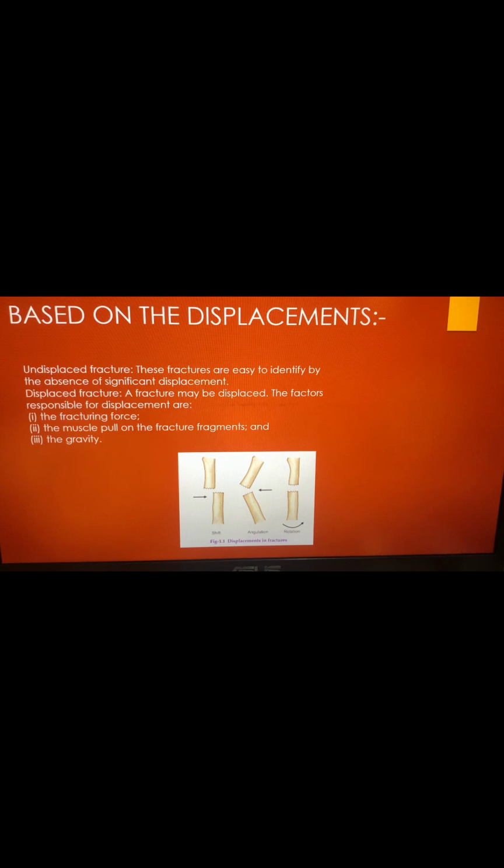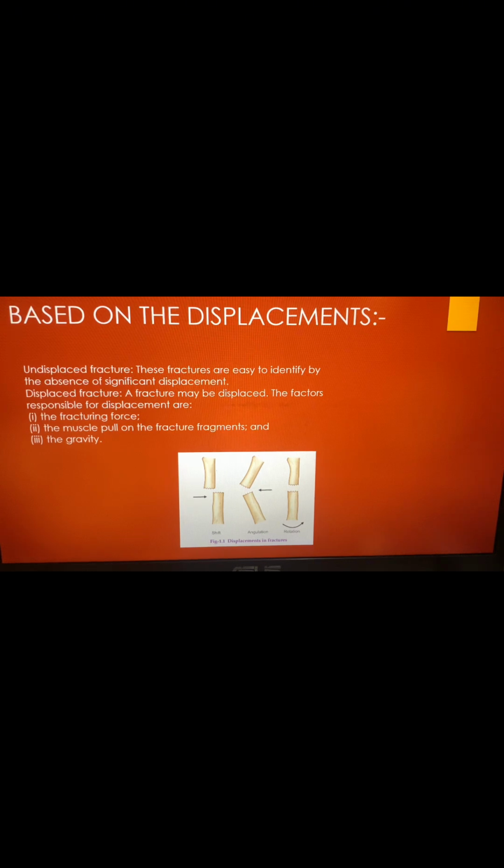As we can see here in the diagram, there are 3 types of fracture displacement: the shift, the angulation, and the rotation. In the shift fracture, the bone goes sideways. That's why we call it the shift.